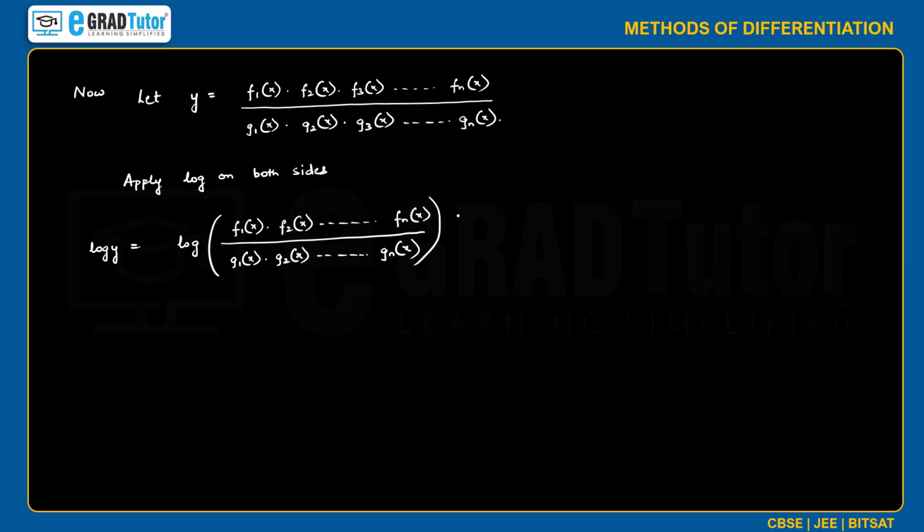I already told you, this can be solved using the UV formula also, but we will not be using the UV formula here. It will defeat the purpose of us learning logarithmic differentiation in such a case.